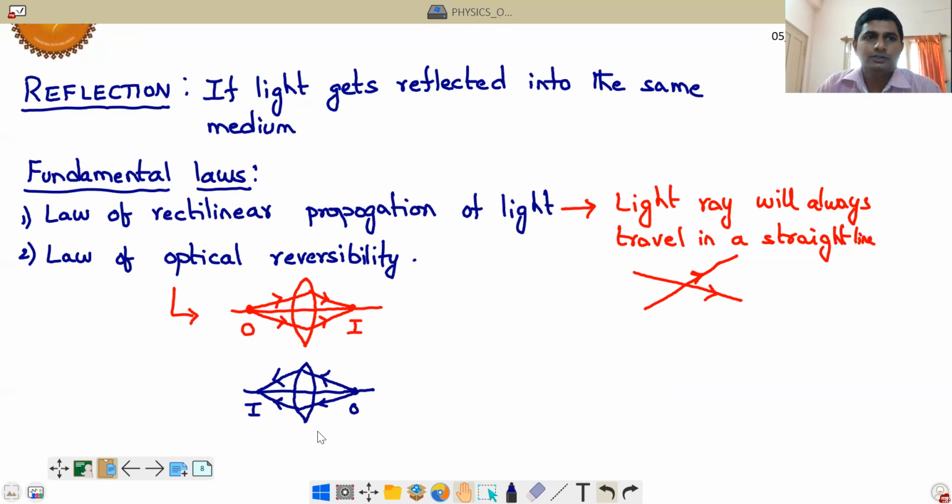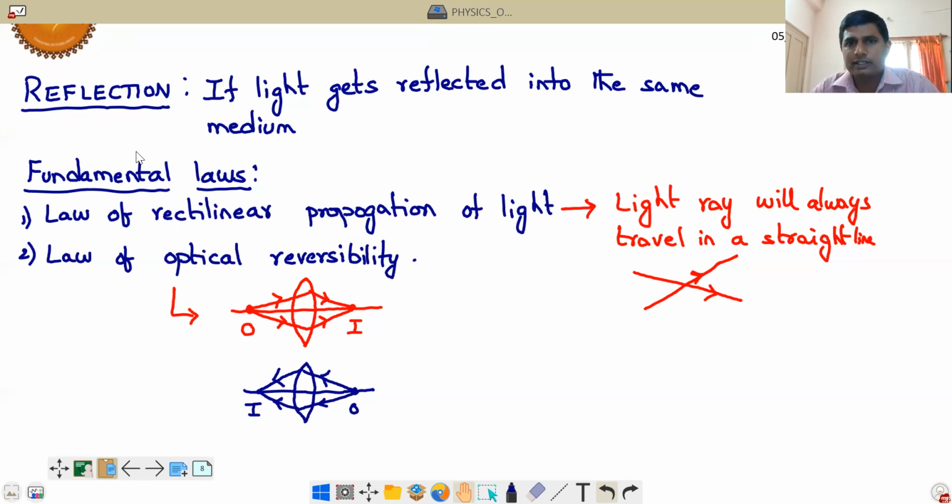Okay. So now in this reflection, you must have studied in your lower classes the first law that's called the law of reflection. Now, more fundamental than the law of reflection, there are two more laws. One is called the law of rectilinear propagation of light and the other is the law of optical reversibility. So what is meant by the law of rectilinear propagation of light? That is nothing but that light rays will always travel in a straight line.